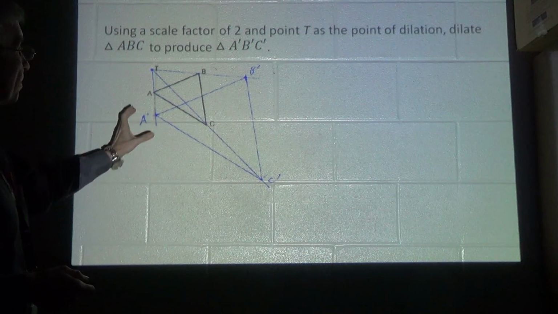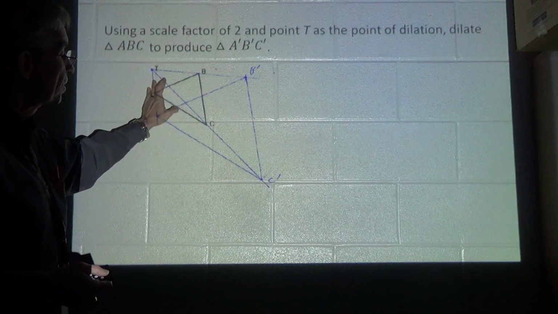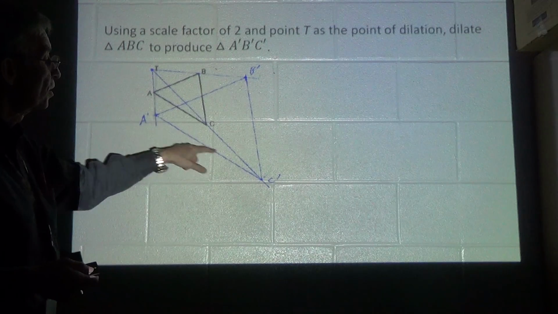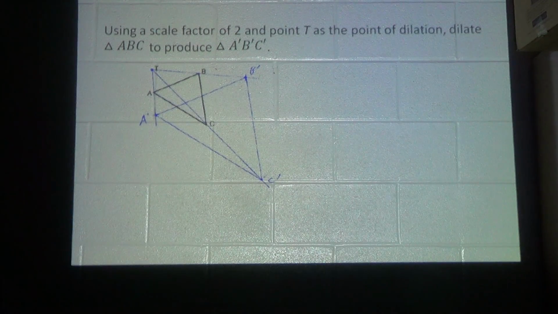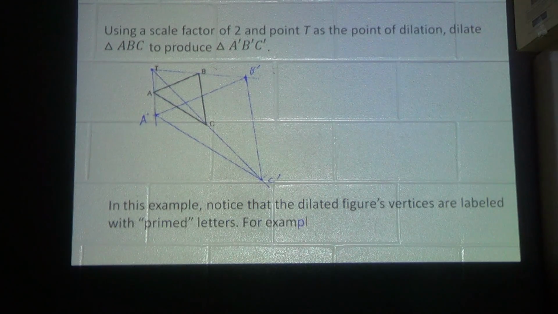Same thing here. You measure how far this distance is, multiply that by 2, and then you measure this distance to here. That creates our larger triangle that's shown here in blue. In this example, you notice that the dilated figure's vertices are labeled with primed letters. For example, read A prime as A prime.